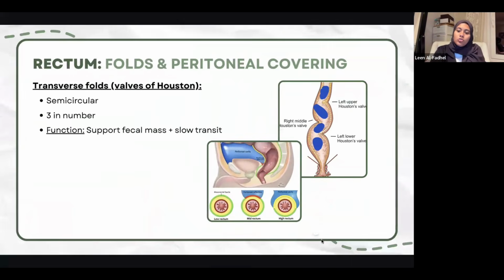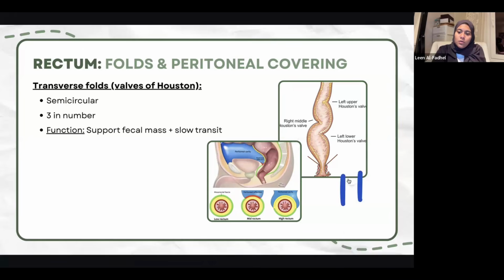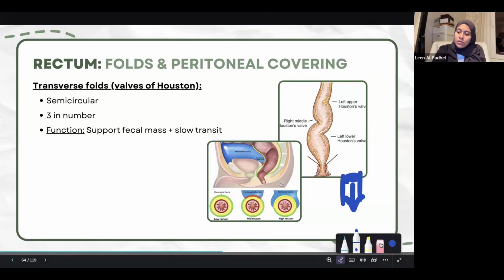So it's a slow transit, and it allows for expansion and holds more stool. Compared to if you just had a straight tube, you wouldn't have that slow transit going down. So I would imagine that'd be uncomfortable.